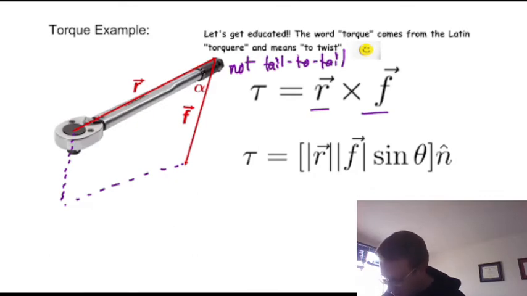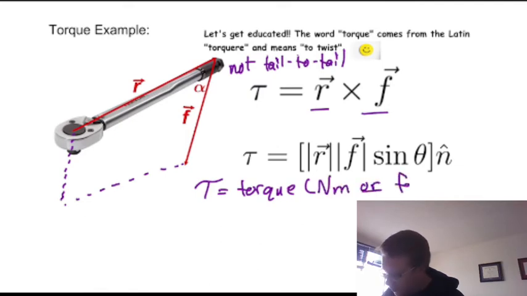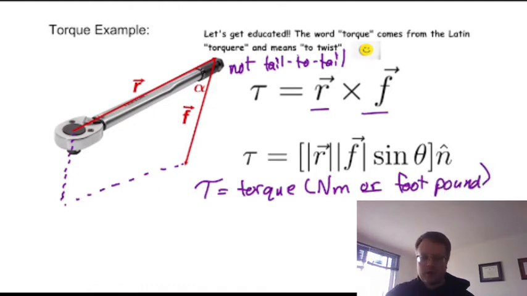So let's define tau as representing torque. In SI units, we use Newton meters. However, in your everyday life, you may also encounter foot-pounds, especially when you work with cars, if you are tightening lug nuts for your tire.